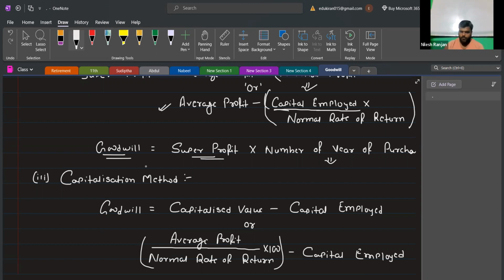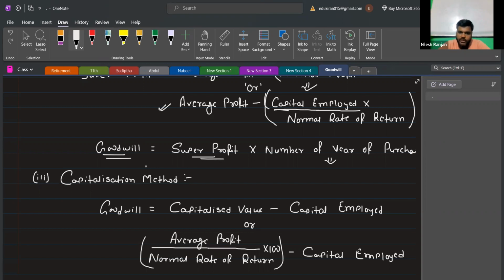You see the formula here, capitalization method. Can you explain it? Actually, the formula is written here, so you can read it and tell me how to calculate the goodwill as per the capitalization method.